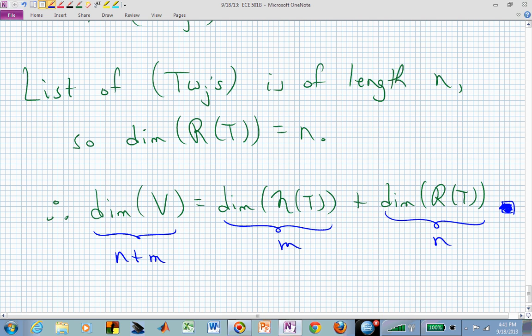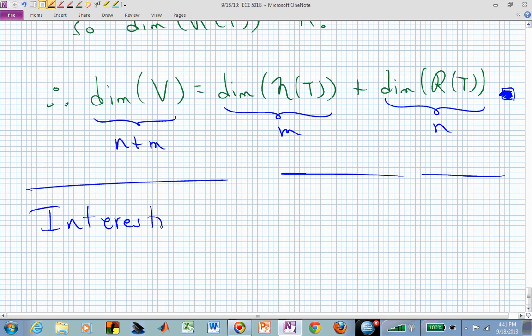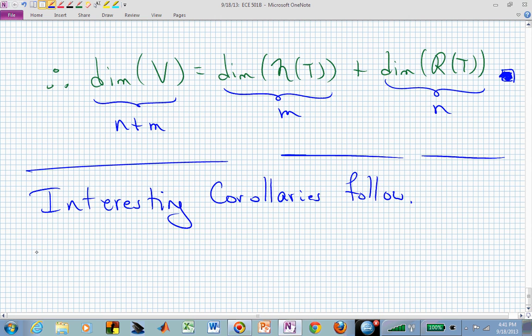We can now write down some corollaries based on this theorem, theorem 3.4. The first one is corollary 3.5.